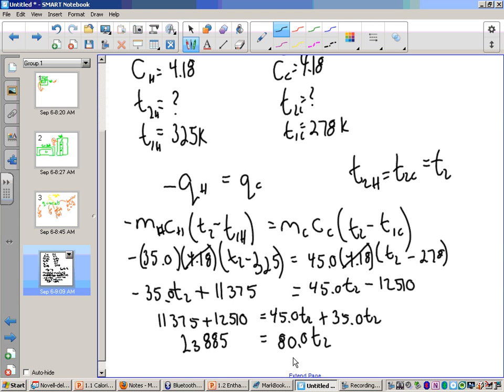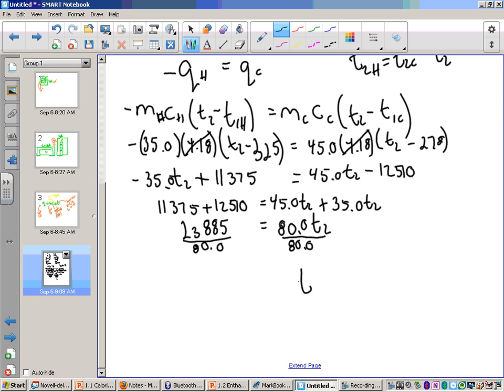And now we're dividing off 80. And T2 equals. Now this will be in Kelvin because we've been working in Kelvin. What do you got? 298.6 Kelvin.